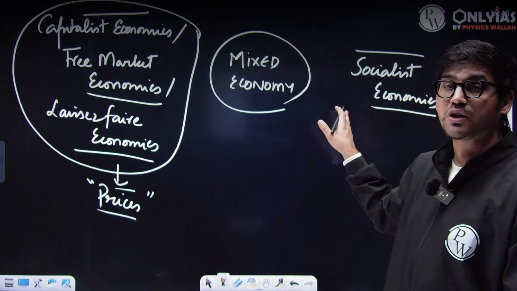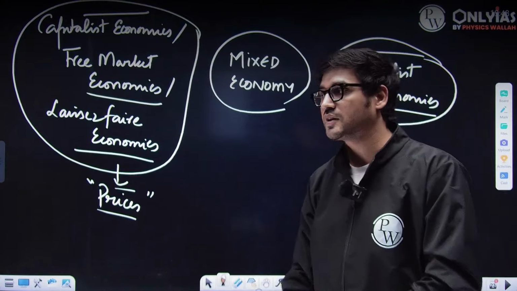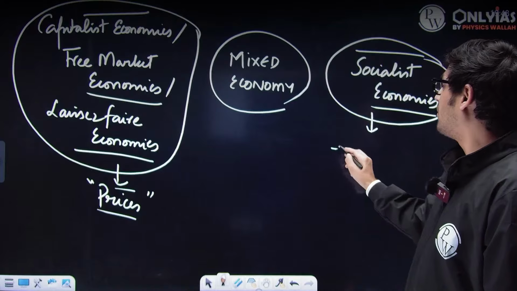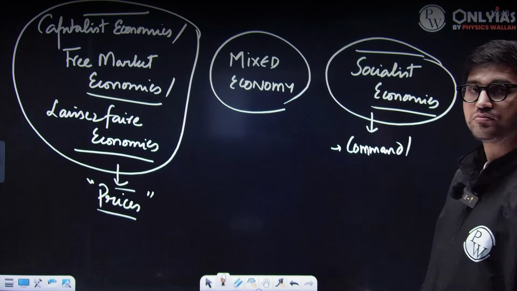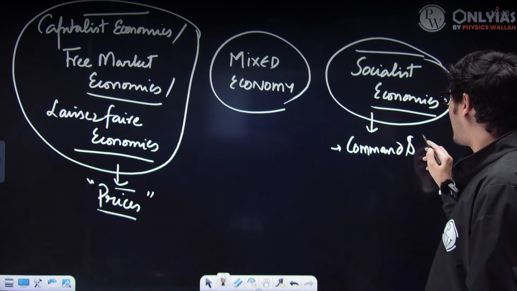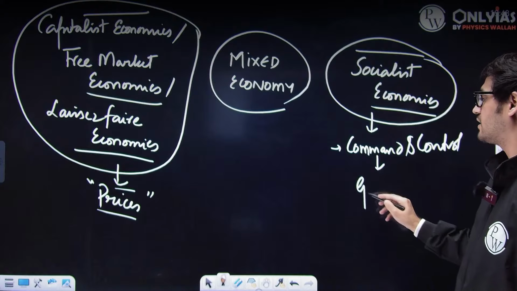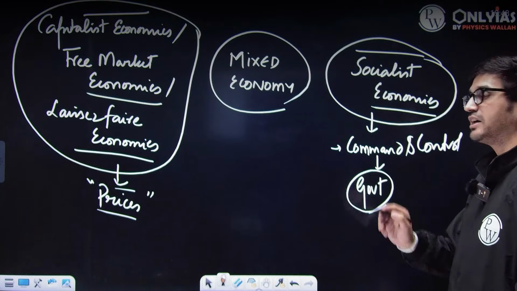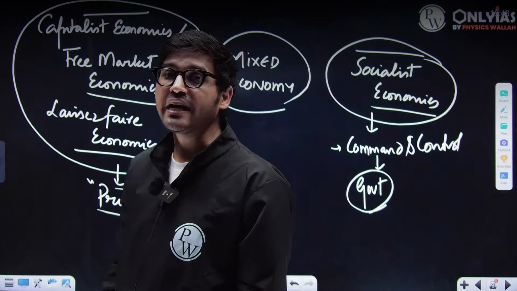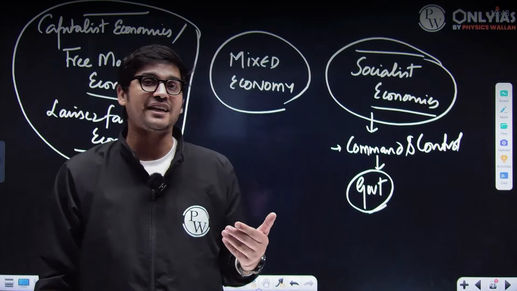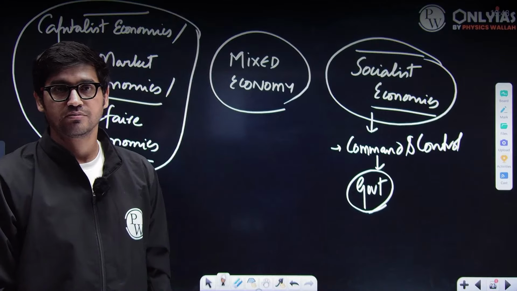In socialist economies, the same decision with respect to allocation of resources is taken by command. This is called command and control economies. This decision is taken by the government. The government will get to decide how many items should be produced. For example, till 1991, India was a command and control economy.